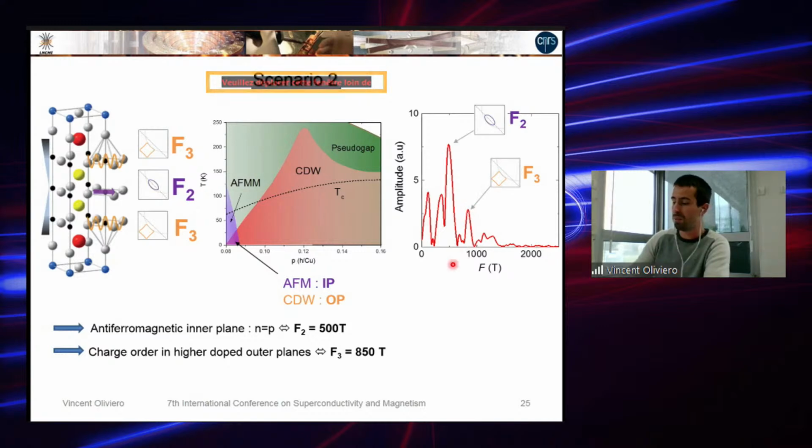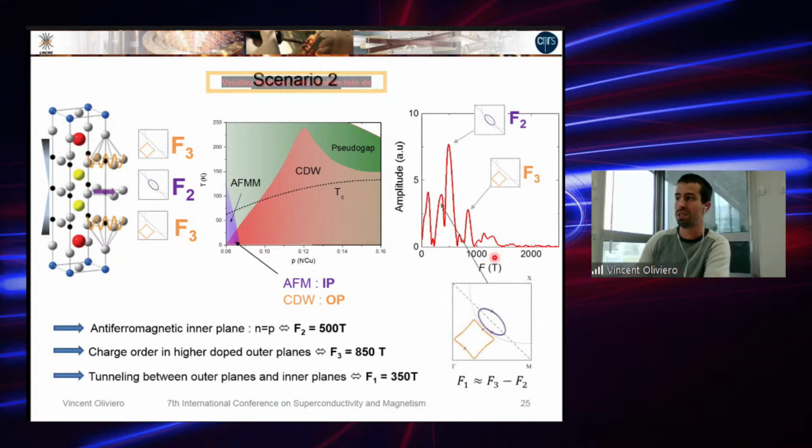And now we can also think of the scenario of YBCO, where tunneling occurs between planes, leading to the observation of the frequency F3, which is equal to the difference of the two frequencies, because we are tunneling between an electron pocket and a hole pocket.